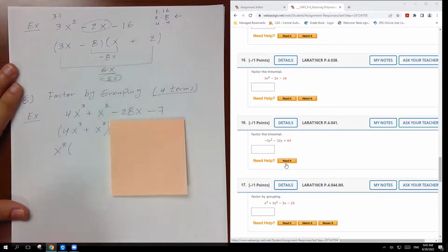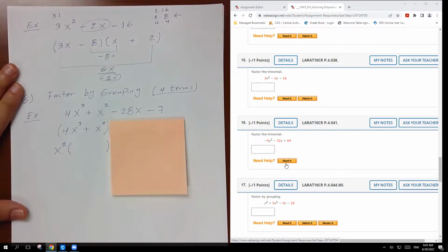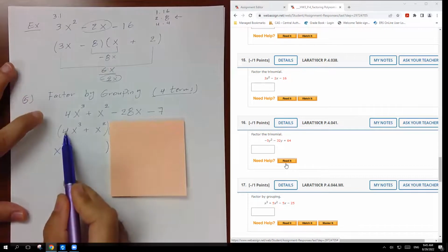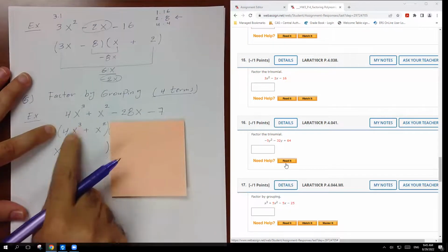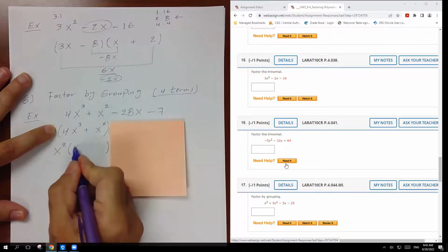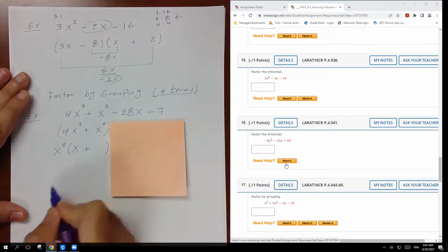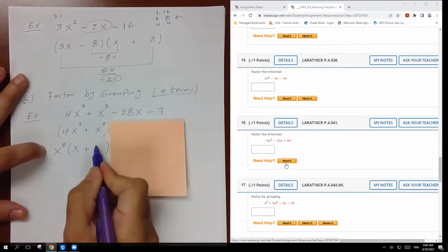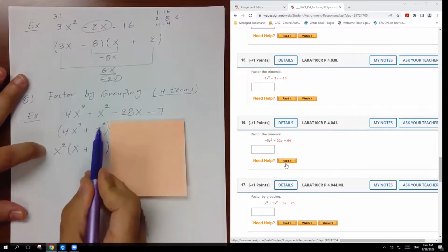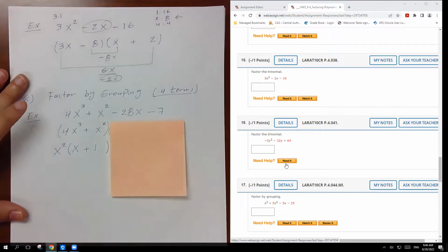Open parentheses, write down the leftover between these 2 parentheses. 4 divided by 1 is going to be 4. 3 minus 2 is going to be just x, plus 1 divided by 1 is going to be 1. 2 minus 2 is going to be 0. That means there is no x here. I'm done with the first group.